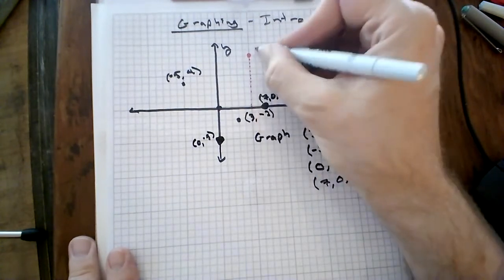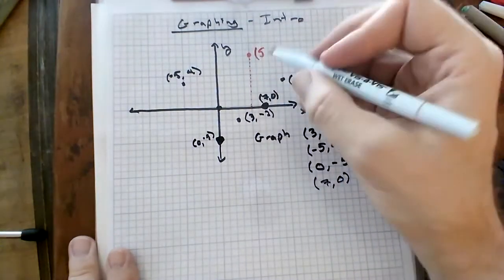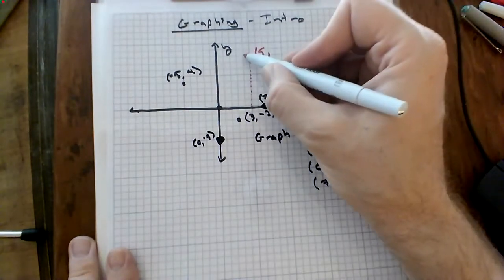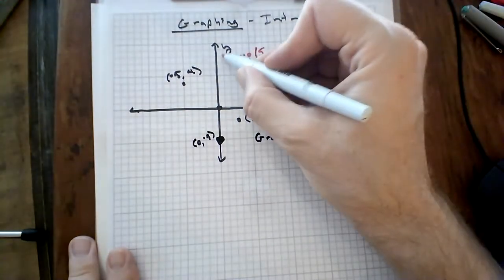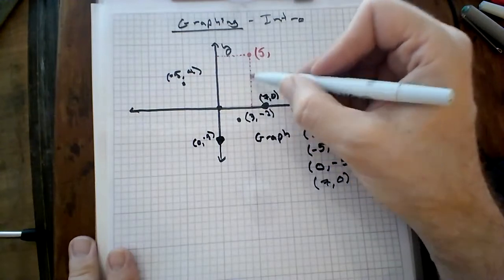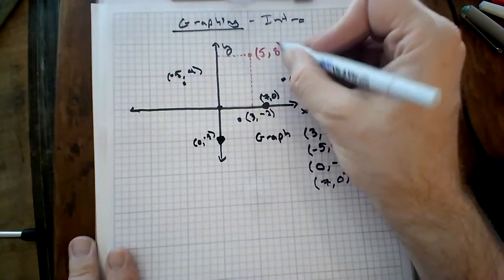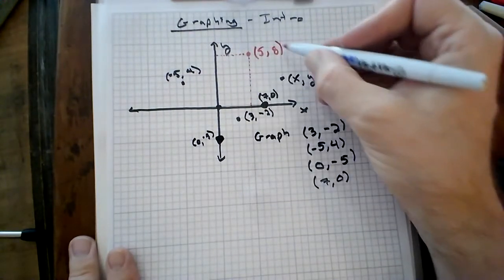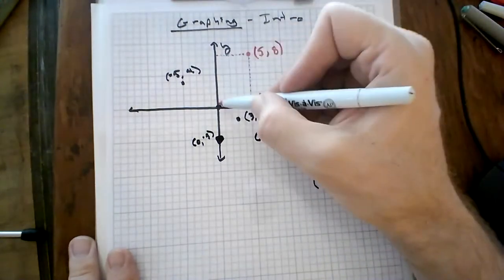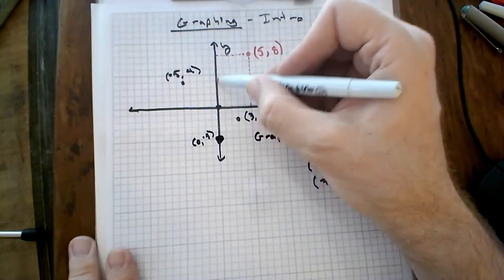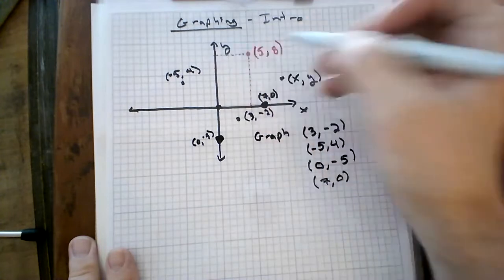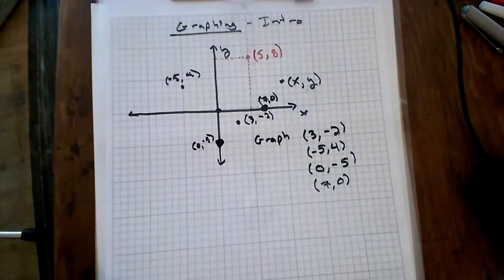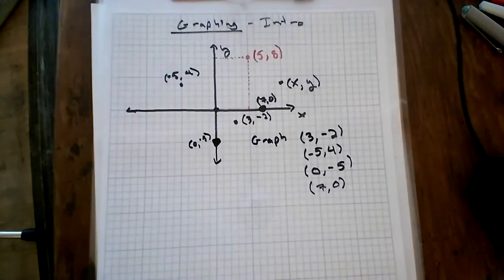This right here is 5 on the x-axis. And dropping an imaginary line to my y-axis, it looks like that's going to be 5, 6, 7, 8 on my y-axis. 1, 2, 3, 4, 5, 6, 7, 8. So that's how you can identify a point.